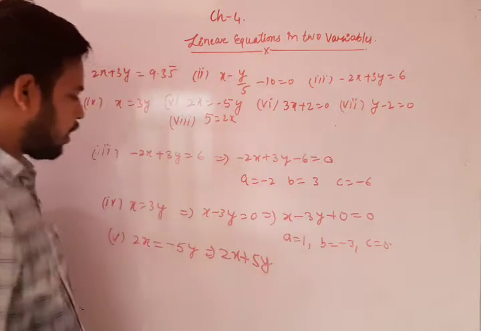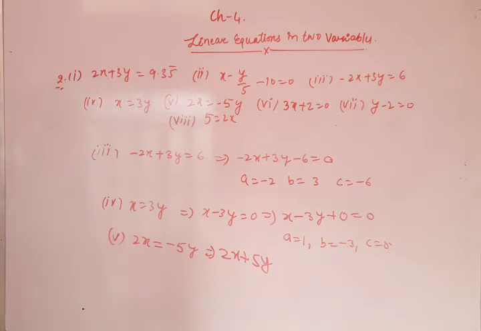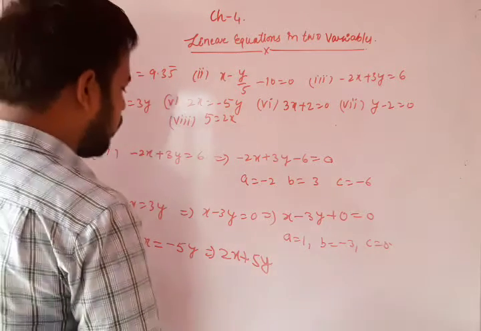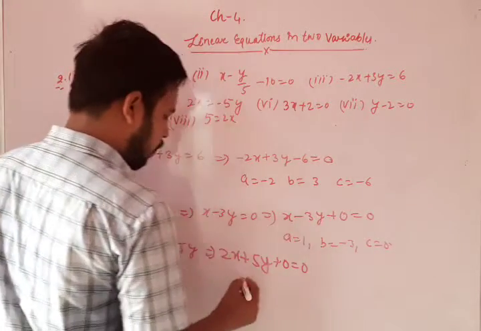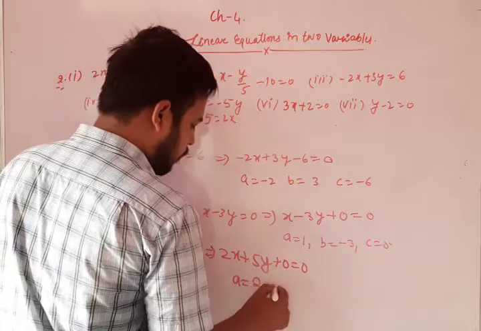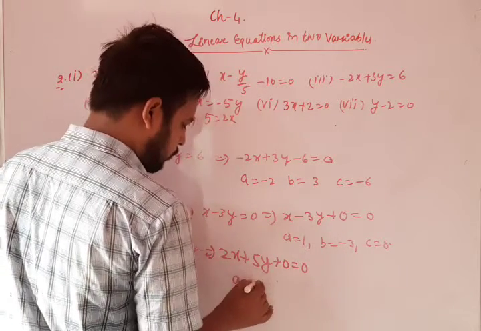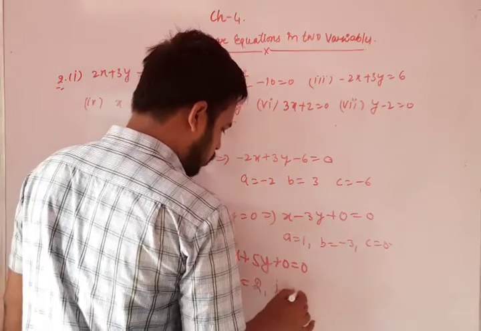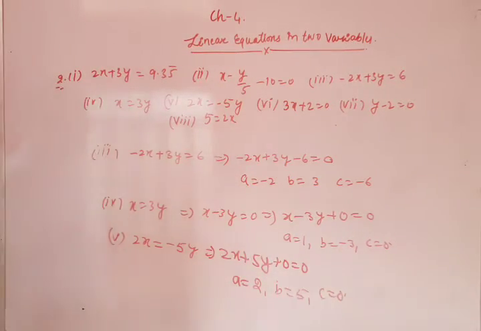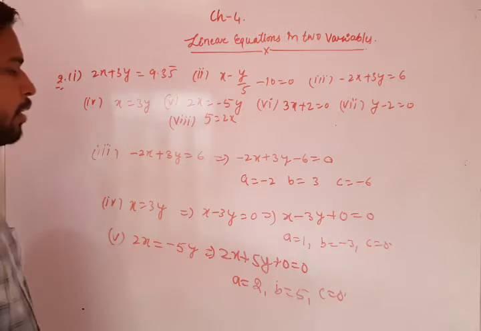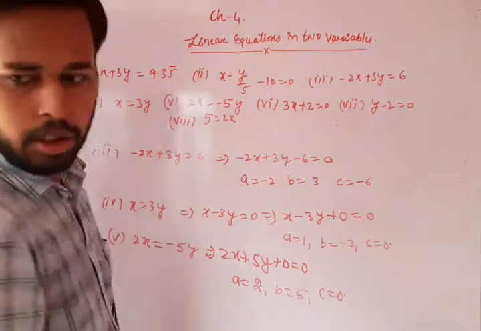Now for c we have no value, so we will write plus 0 equals 0. Now the value of a will be 2, b equals 5, c equals 0.